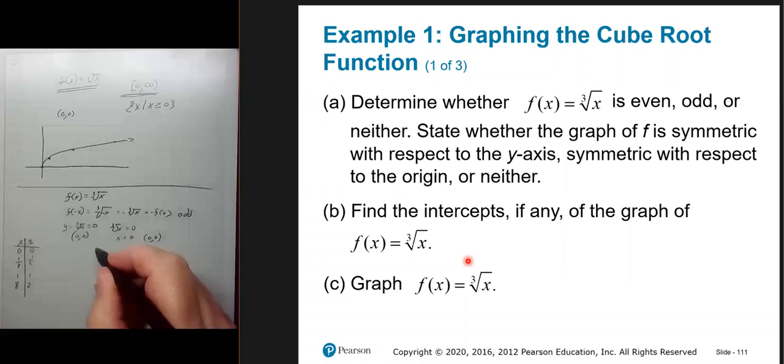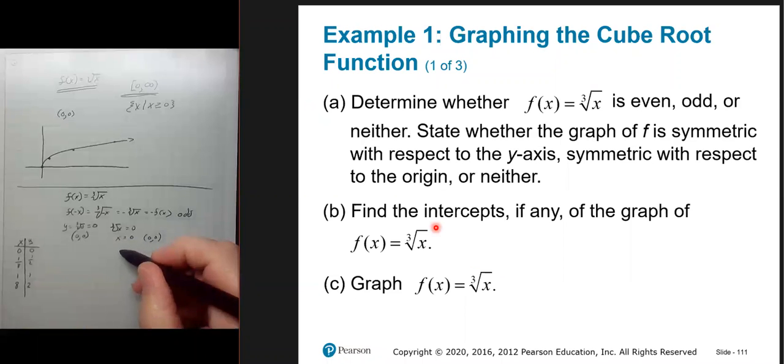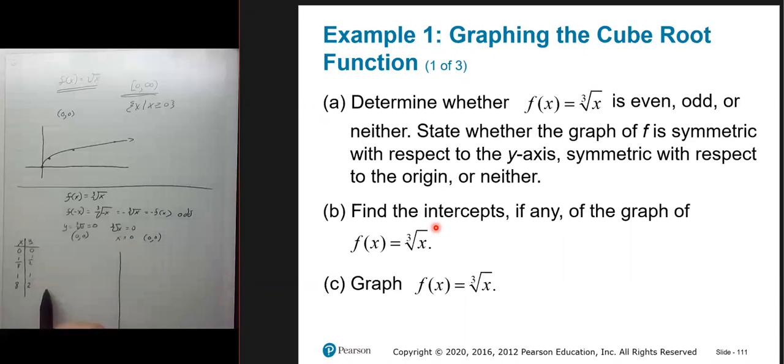So I'm going to graph those points to begin with. Let me go this way a little bit further because it's 8 I'm dealing with. So here we have 0, and here we have 1/8, and here we have 1, 2, 3, 4, 5, 6, 7, 8.